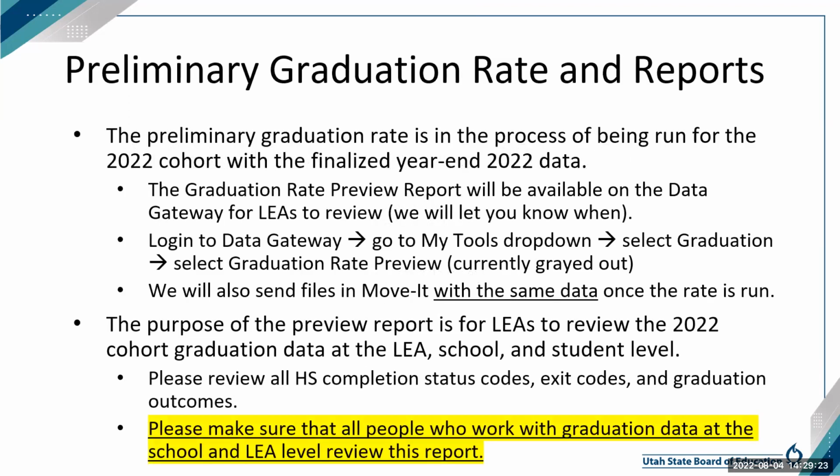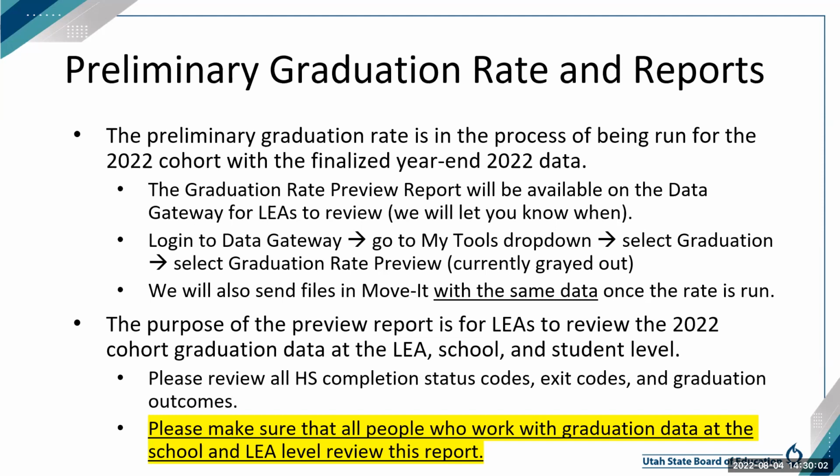Okay, so Calista and myself are working currently to process all of the scripts that need to be run to get the graduation preview report updated. Once all of those are run and we've done our QA of everything, and IT has updated the report on the data gateway, it shows you where to go. So if you log into your account on the data gateway and go to My Tools, select Graduation, there'll be a graduation rate preview report there where you can check out all of the different outcomes.